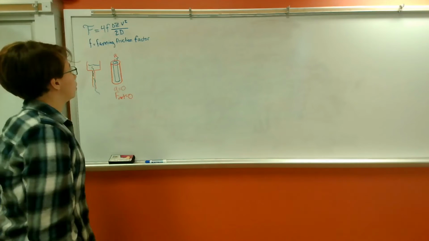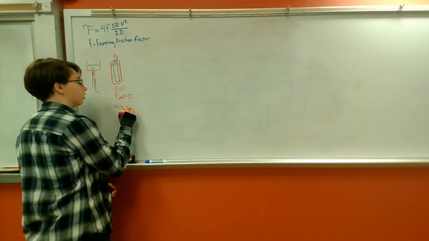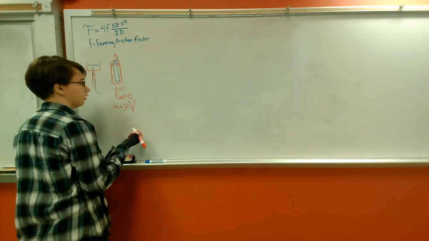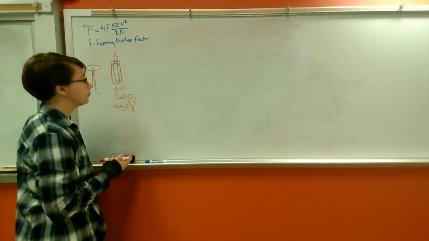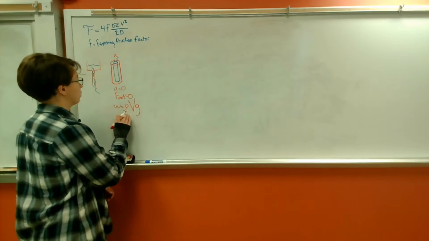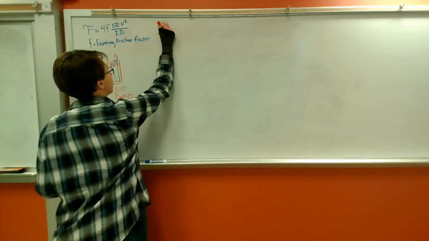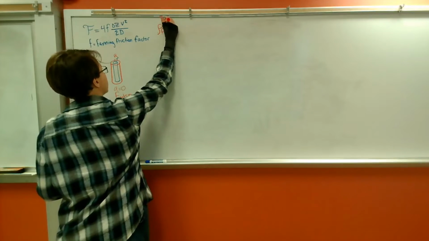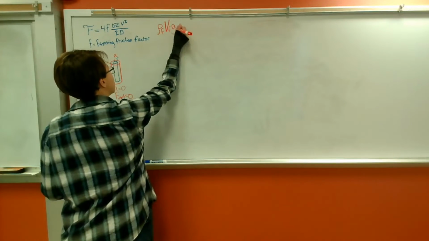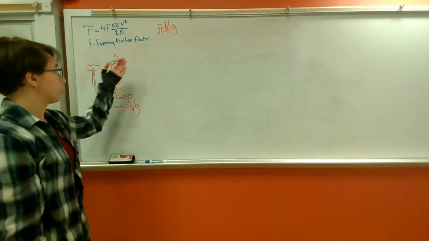So as in my last video, weight is going to be equal to the density times big V, which is volume, times acceleration due to gravity. So we're going to have the density of the fluid times the volume of that fluid times little g. That's the weight of the fluid.